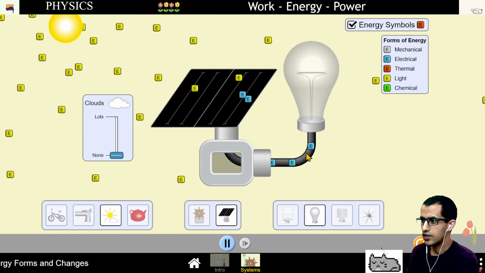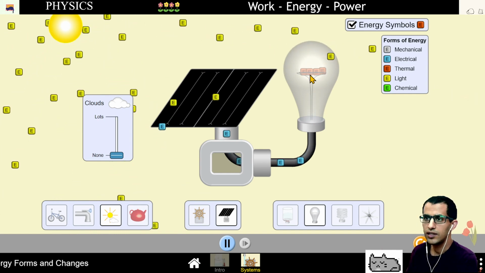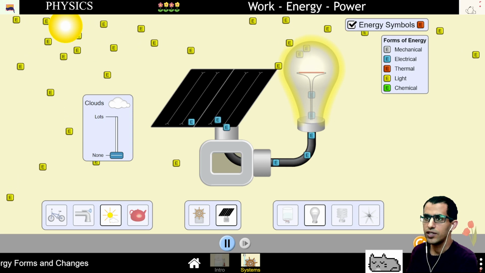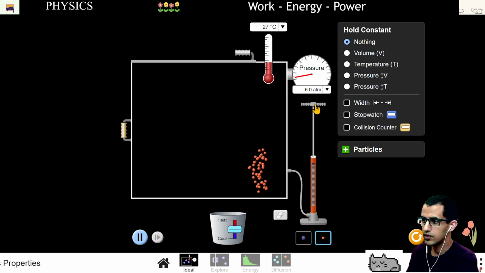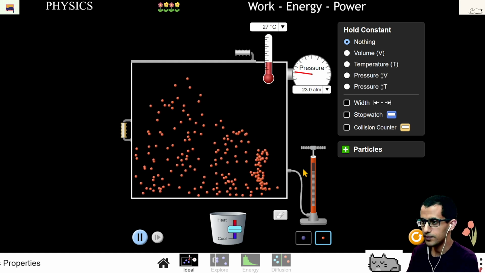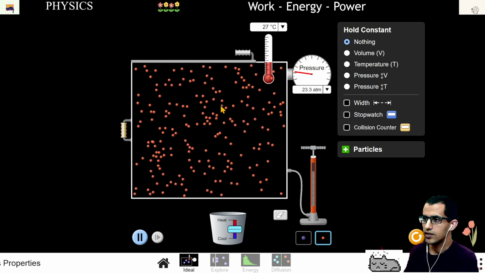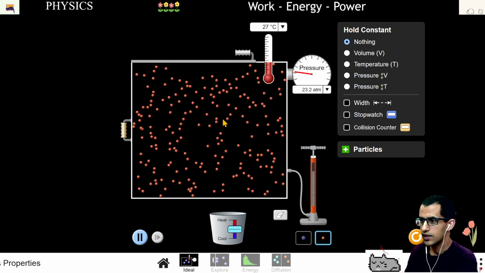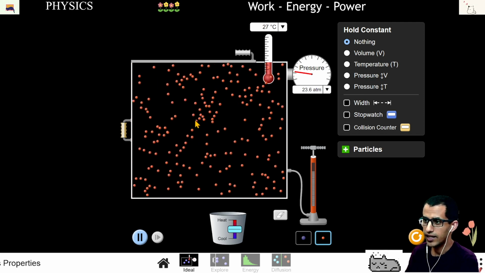So the electrical energy goes to the filament and it turns it into thermal energy. And to get an idea of what thermal energy is, we can look at this simulation, where in this box right now we have a vacuum, but we can fill it up with gas particles like this. If we were to look at a gas on a microscopic scale, we would notice the particles of the gas constantly moving around, since they all have kinetic energy really.